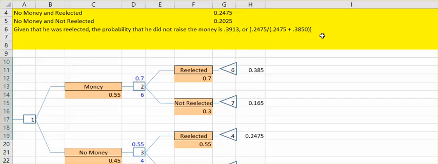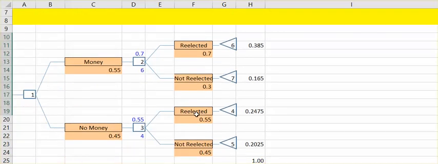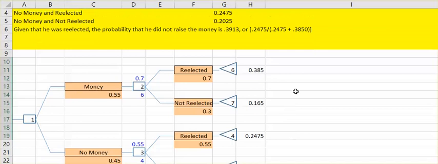So let's look at the denominator first. Given that he was re-elected, there's a possibility that he was re-elected and raised the money, 0.385. And there's a possibility that he was re-elected and not able to raise the money, 0.2475. So given that he was re-elected, he could be re-elected raising the money or not raising the money.